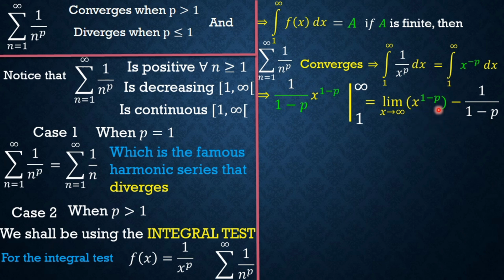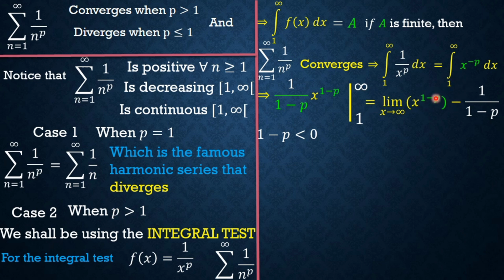We know that as x goes to infinity, and the condition we took here is that p has to be greater than 1. So if p is greater than 1, that implies the power 1 minus p is less than 0, because p can be 2, it can be 3, it can be whatever.